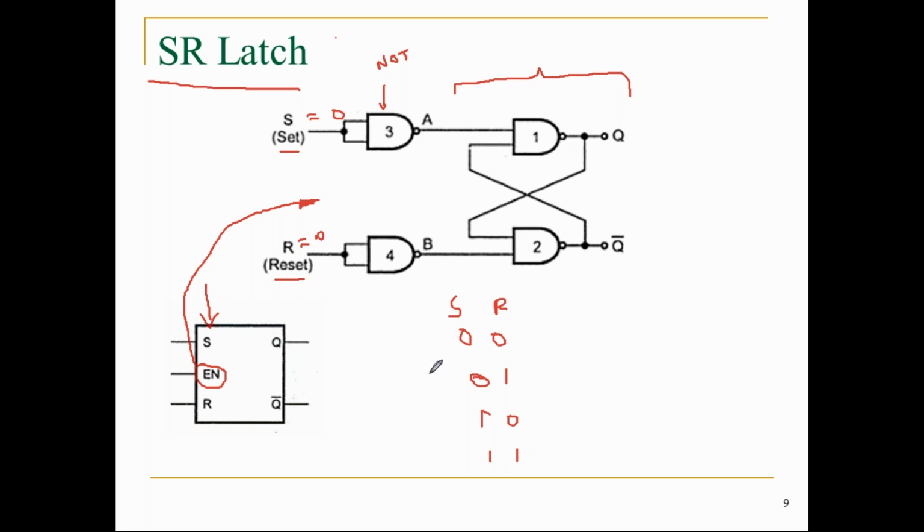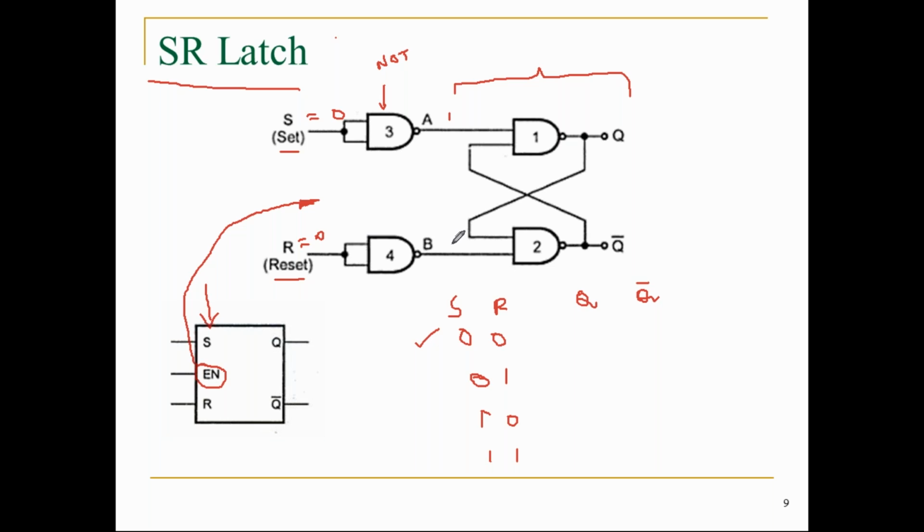Now I'm taking this. What is the output, Q and Q bar? My set input is 0, reset input is also 0. Please listen, both are 0. Since it is a NAND based NOT gate, the output will be 1.